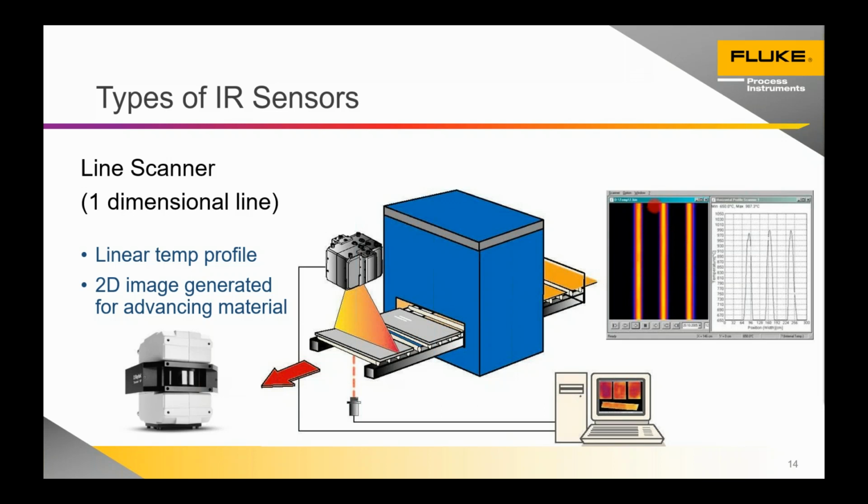This image wouldn't refresh many times a second like you might see with a camera, but the line will build by scrolling, and then it would appear to be moving, but it's actually being built up line by line. Line scanners are very good in that we have optimized wavelengths for specific known applications, and we can mix and match scanners and software really according to the application.